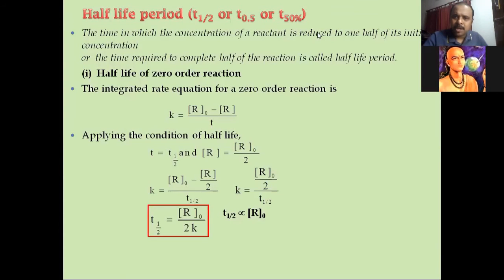Now the question: sir, what is the significance of writing the reaction in terms of half-life? Why we have to write an expression for half-life is the question. We have to get an expression, just like an expression for k, to calculate the rate constant of zero order or first order.